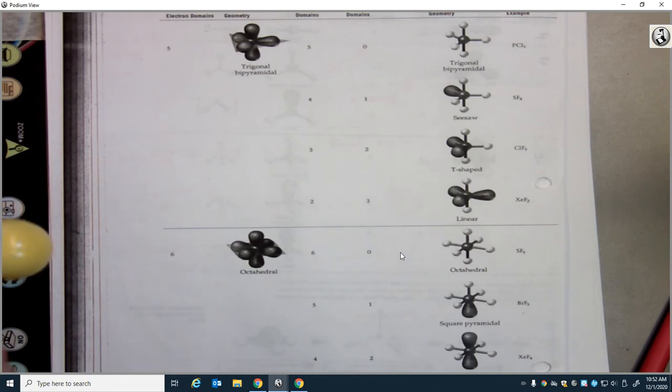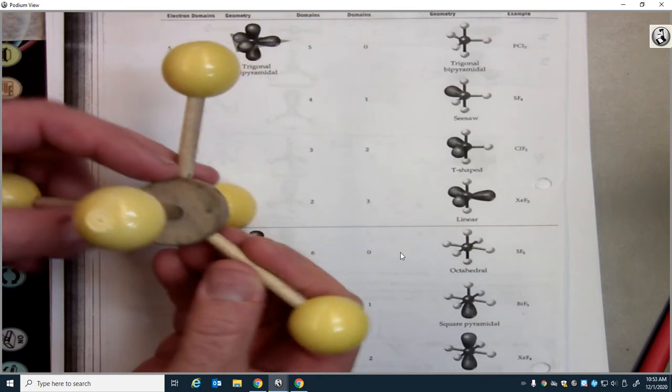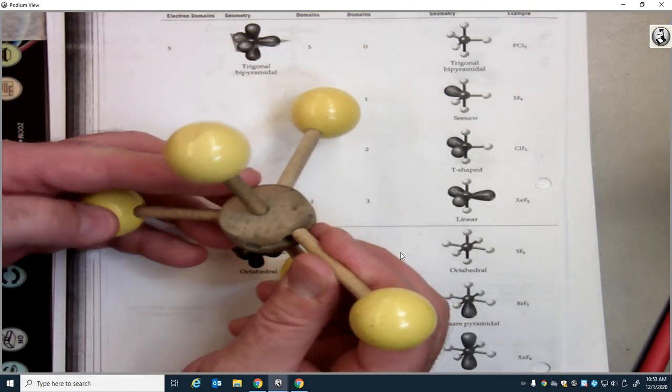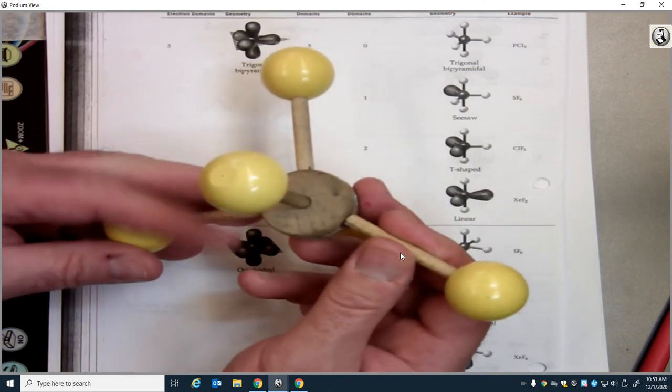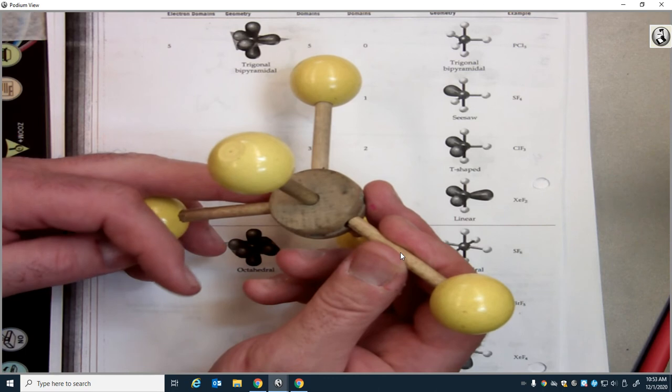I want to start with a trigonal bipyramidal, which is our base shape. And here it is. So this is our AB5, and this would be 5 bonding domains and 0 non-bonding.